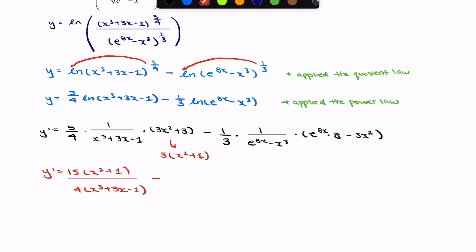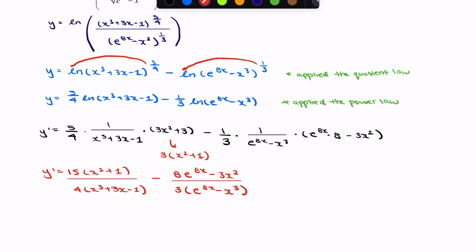And we would subtract that with 8 e to the power of 8x minus 3x squared on the top, over the bottom, we have the 3 on the outside. So here we have 3 times e to the power of 8x minus x cubed. And that would be our final answer for the derivative here.